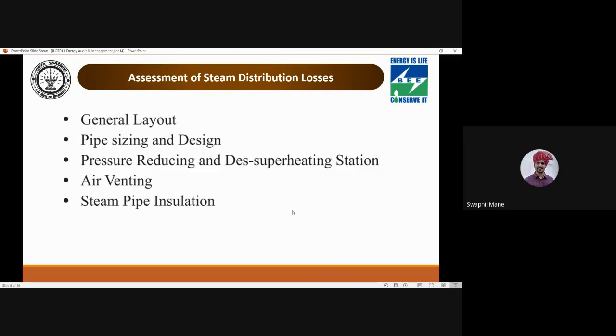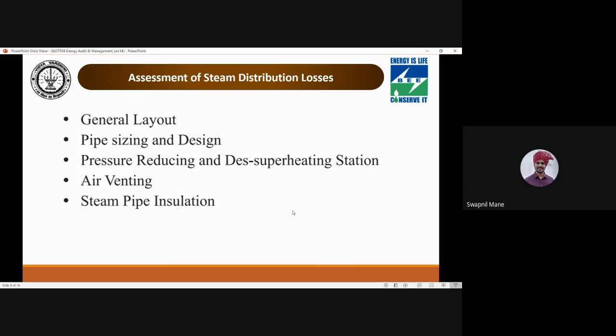But it is seen that a pressure drop change will be inversely proportional to the fifth power of the diameter change. So you have to remember that pressure drop is inversely proportional to the fifth power of diameter. Diameter increase, pressure will decrease by how much? By fifth root of power.